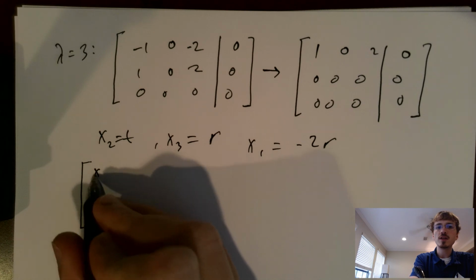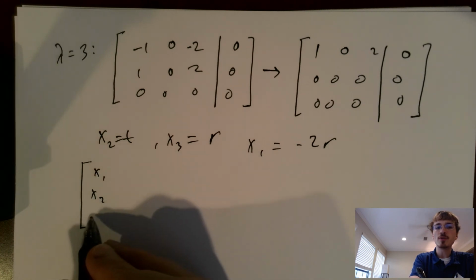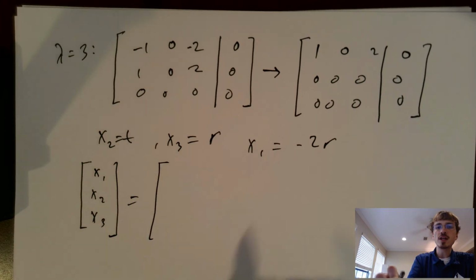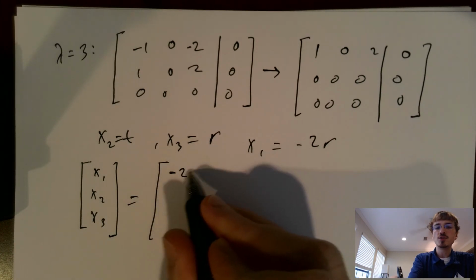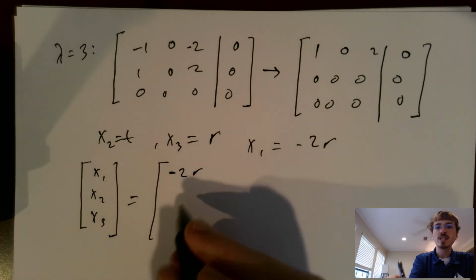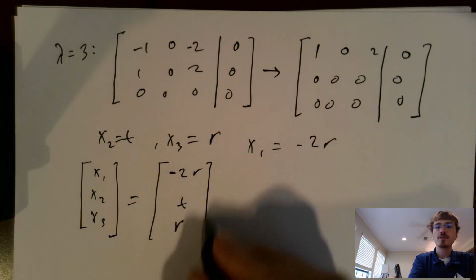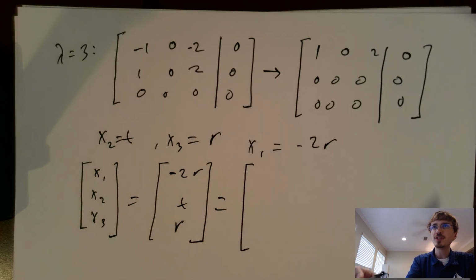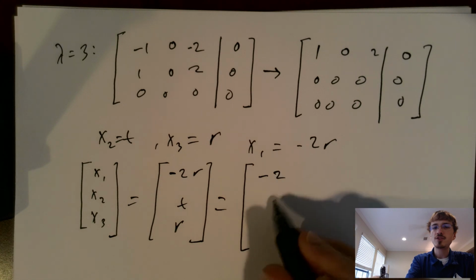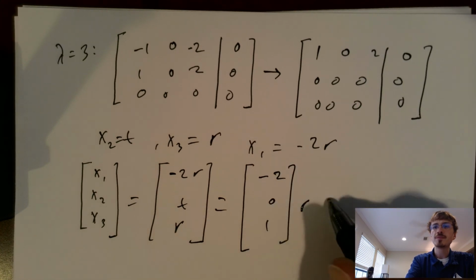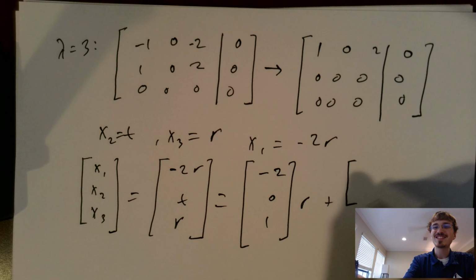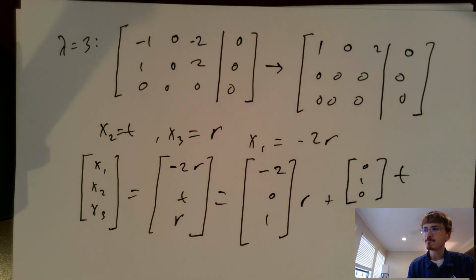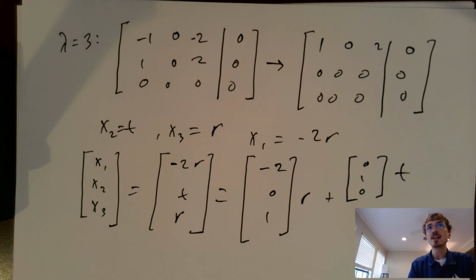So what is an arbitrary vector in our eigenspace? What does it look like? It looks like negative 2r, t, and r. Remember, to find a basis here, we want to peel this apart in terms of r's and t's, and I see that I have negative 2, 0, 1 times r plus tiny vector 0, 1, 0 times t. Yeah? So what's a basis of this eigenspace?